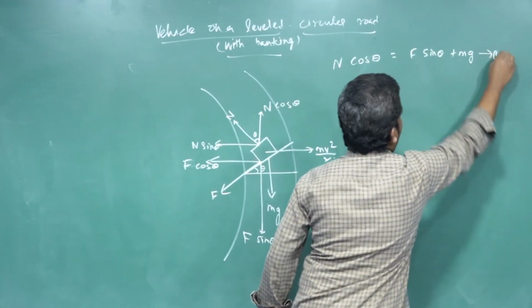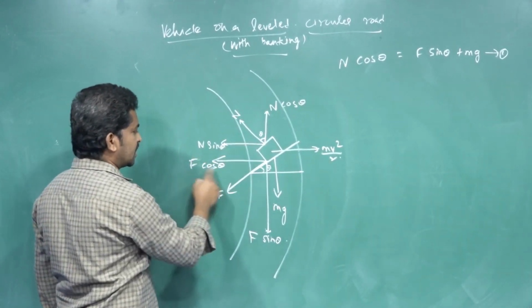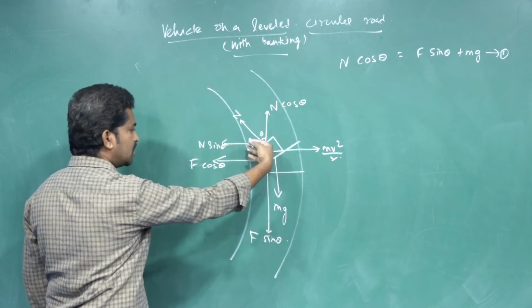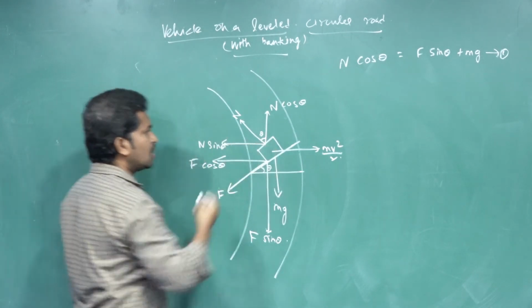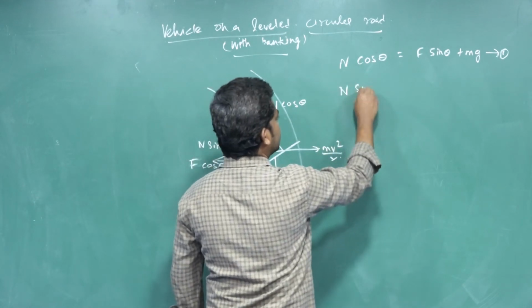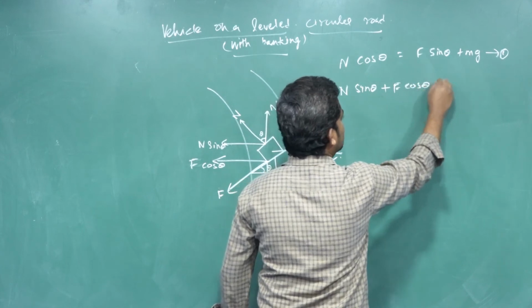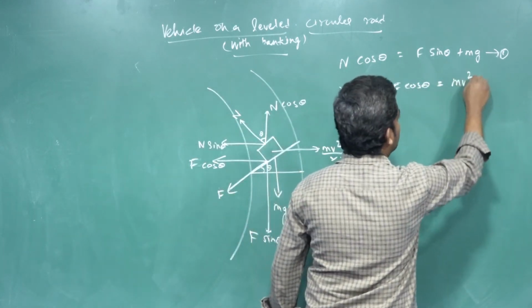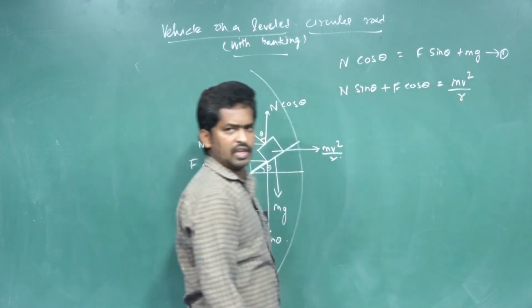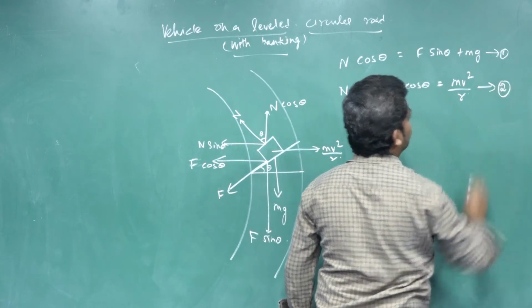This is equation number 1. Another one: n sin theta and f cos theta act in the same direction. So n sin theta plus f cos theta is equal to m v square divided by r, which must equal the centripetal force. This is equation number 2.